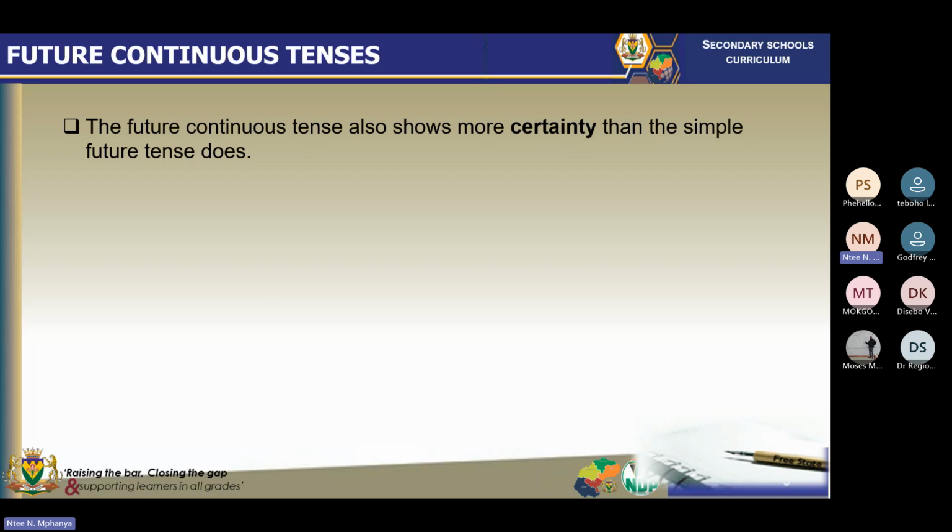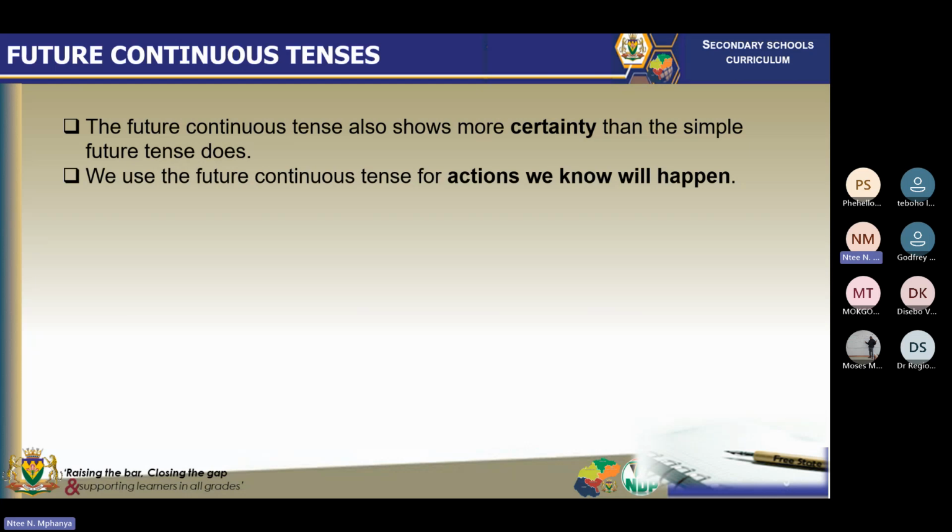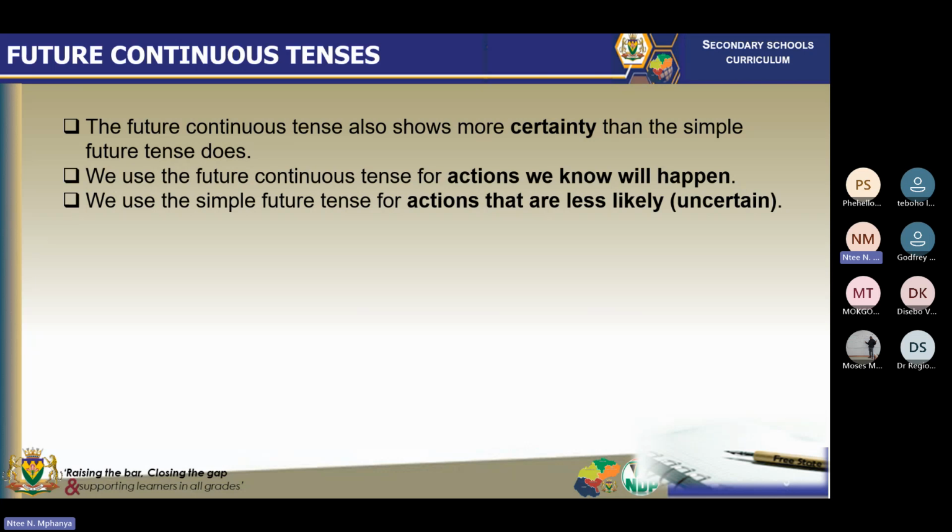The future continuous tense also shows more certainty than the simple future tense does. We use the future continuous tense for actions we know will happen. And then we use the simple future tense for actions that are less likely or uncertain.